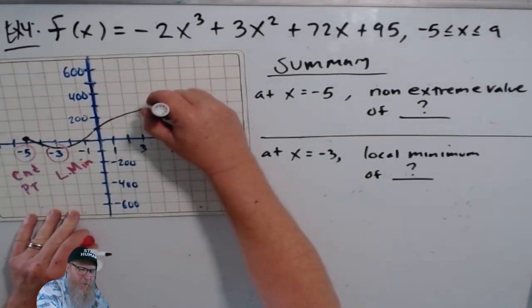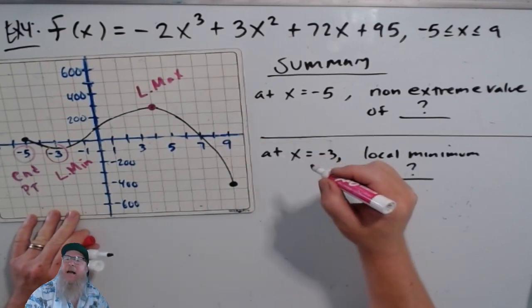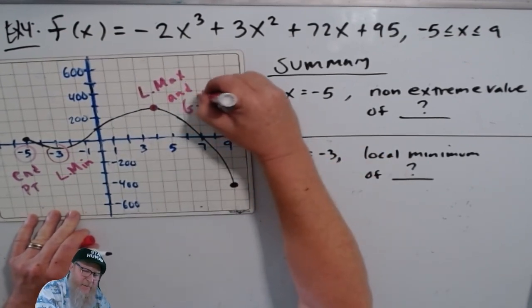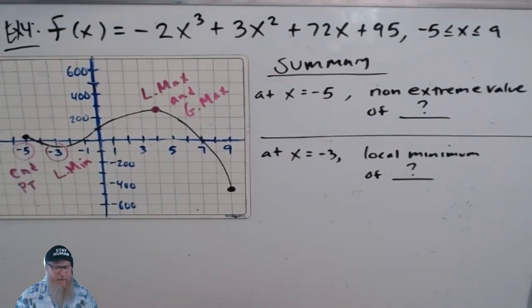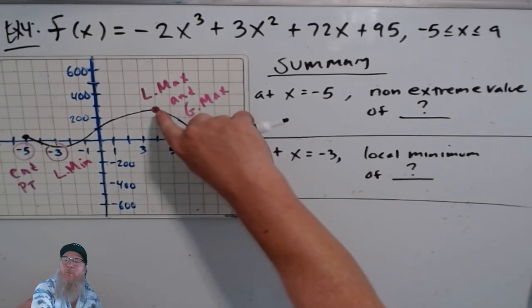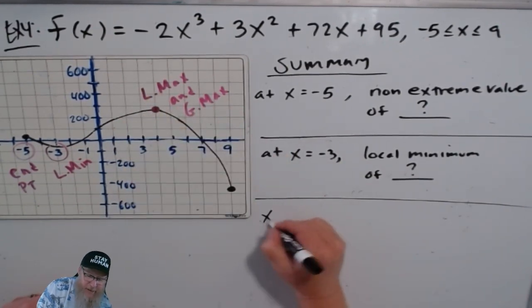Right here at 4, we have a local max and global max. Yeah, it's both. It's both locally the largest y value in that neighborhood, and it's also the largest y value on the entire graph.